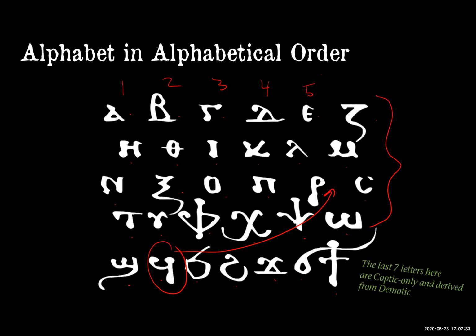And I said number 6 is different. I'm going to cover that in the next slide, so we'll skip that for now. This would be 7, this would be 8, this would be 9, this would be 10. And then again, like I said before, Kappa is not going to be 11, it's going to be 20, and 30, and 40, and 50, and 60, and 70, and then 80.